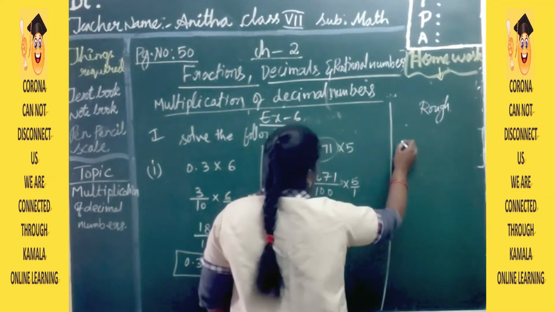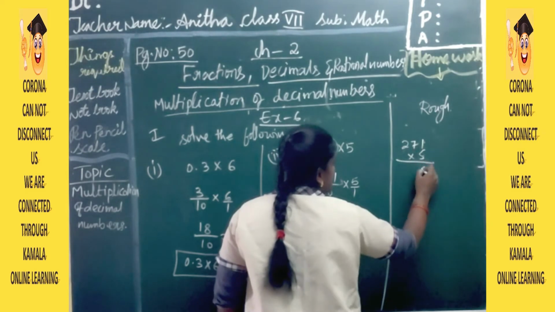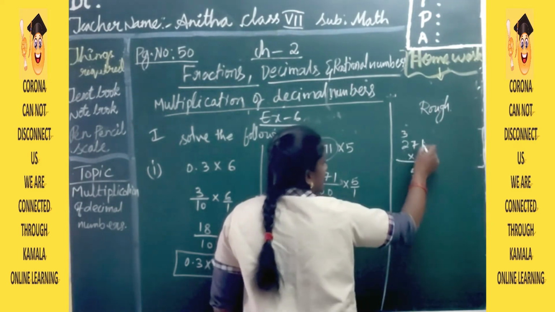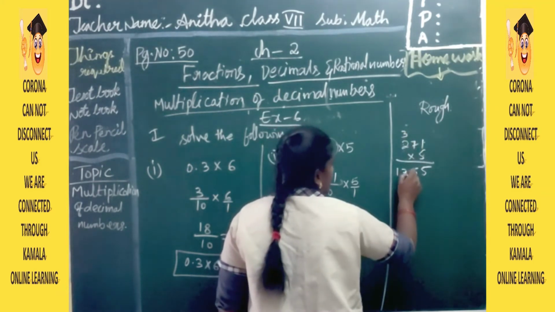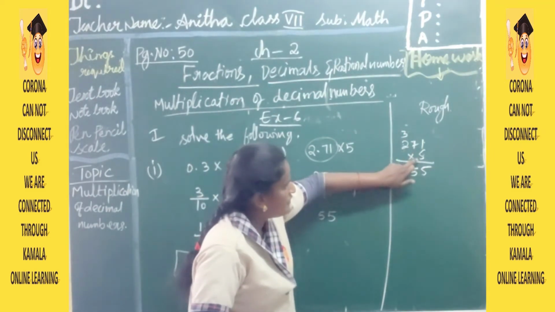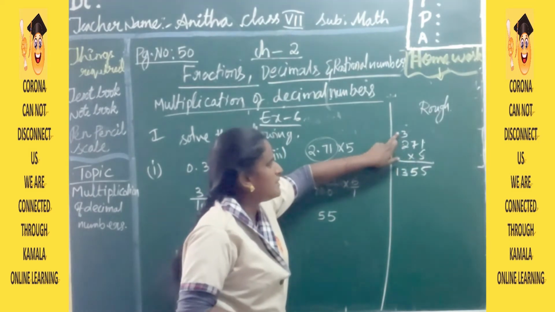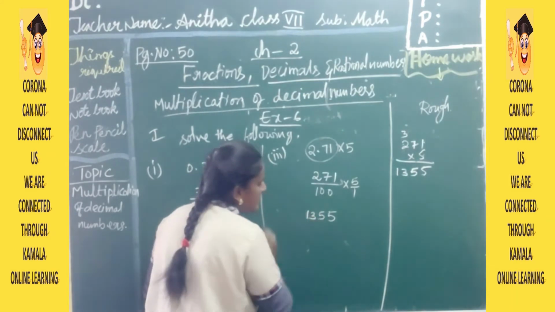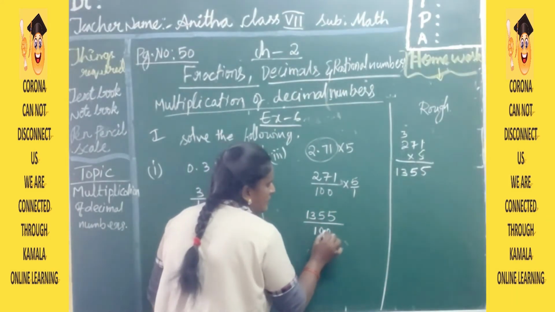In rough space, you have to multiply 271 into 5. 5 ones are 5, 5 sevens are 35, 5 twos are 10, 10 plus 3, 13. Okay, got it, children, everyone? So 1355 by 100.